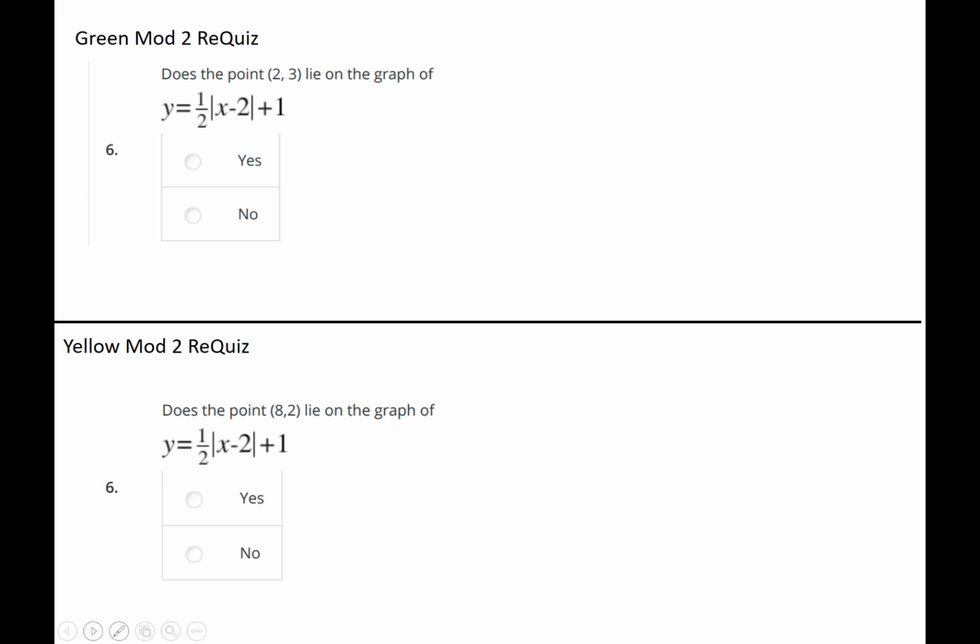Does the point lie on the graph? So all you're going to do with this one is plug the point in and see if you get a true statement or a false statement. So I'm plugging in 3 for the y, and then it looks like I'm plugging in 2 for the x. So let's see, 2 minus 2 is 0. And we're checking to see if this is true.